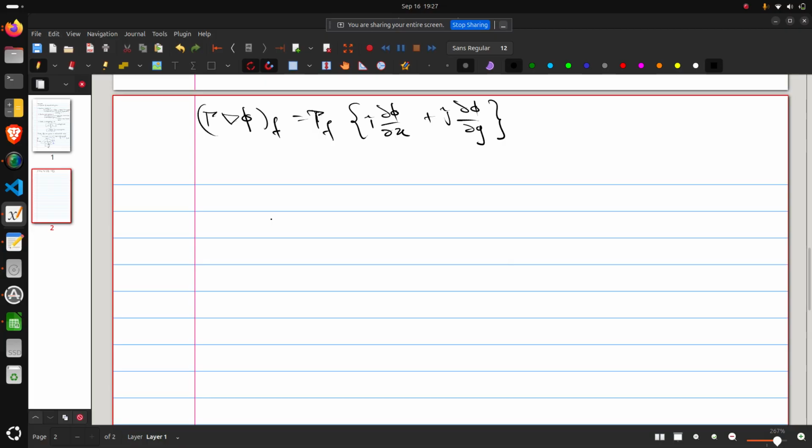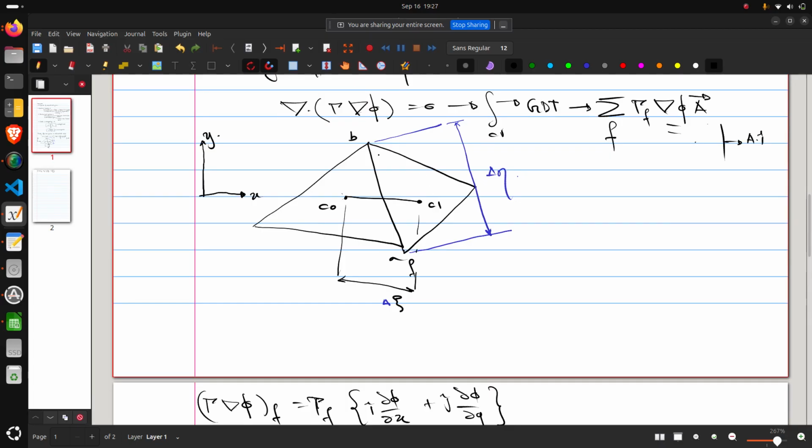But what we can do is that these values we have, right? So delta eta and delta psi we have, and we can define something like dou phi dou psi and dou phi dou eta, right? For dou phi dou psi, if this is phi naught and this is phi 1, it will be nothing but phi 1 minus phi naught by delta psi.